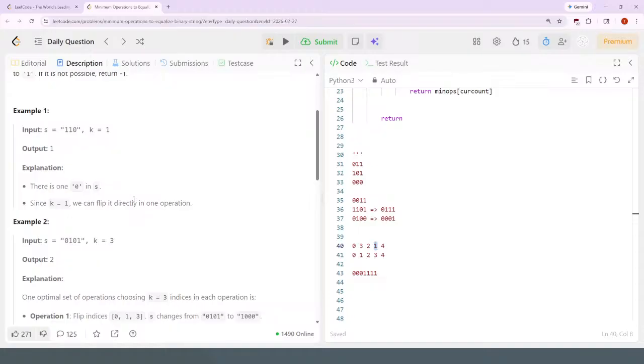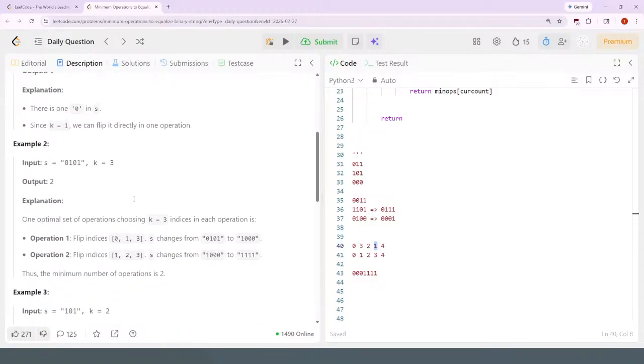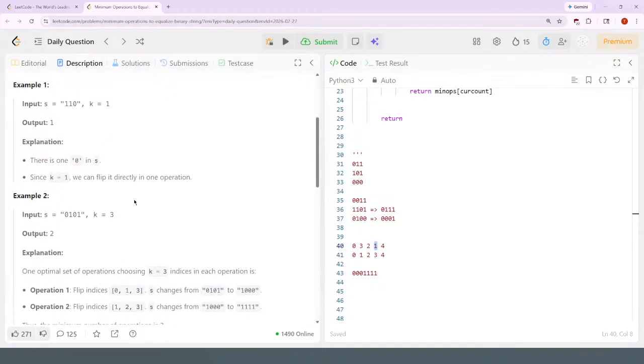Should be a medium, which means I should be able to do it. You can flip. Matters is the count.